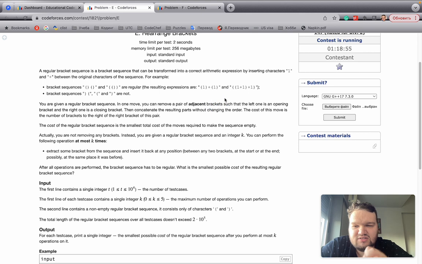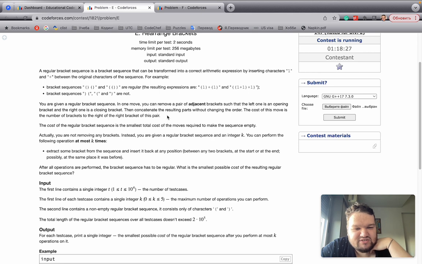So it still will be a regular bracket sequence. The cost of this move is the number of brackets to the right of this pair. The cost of the regular bracket sequence is the smallest total cost of the moves required to make the sequence empty.